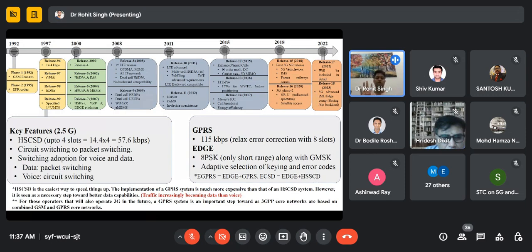Each slot can give you 14.4 kbps, so a user can have 14.4 times 4 equals 57.6 kbps. So this is nothing but allowing a user to use more resources.